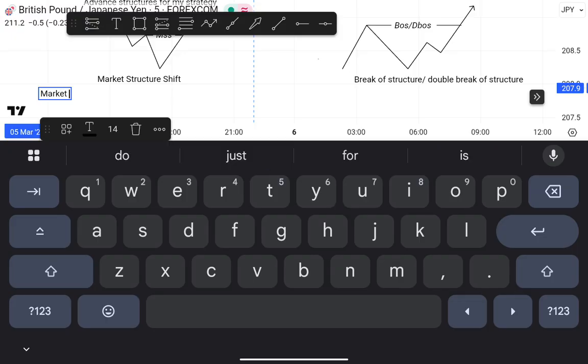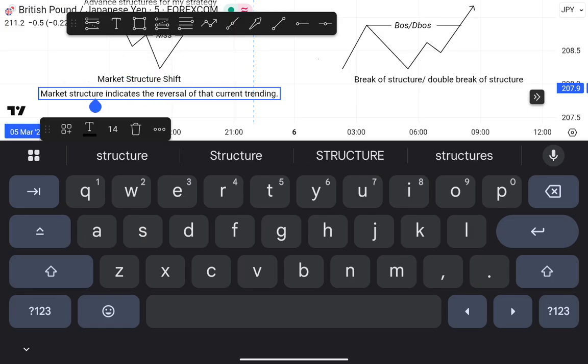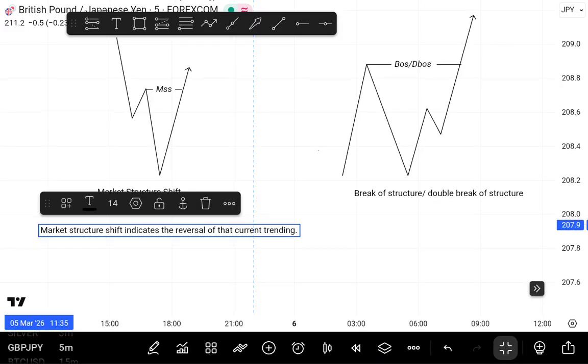Market structure shift indicates the reversal of the current trend.